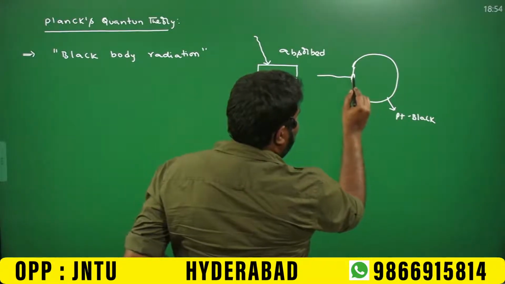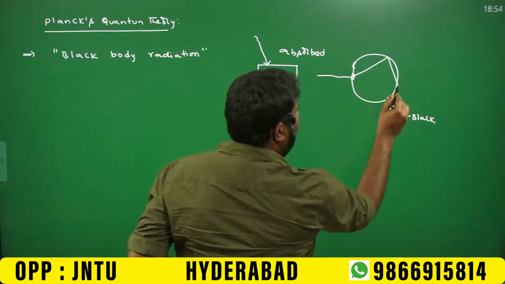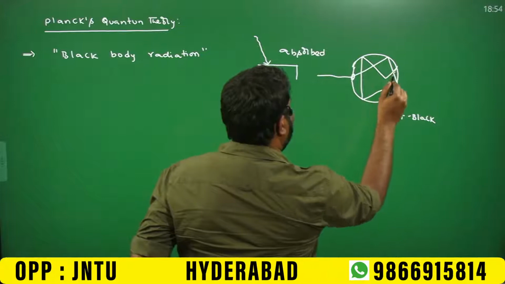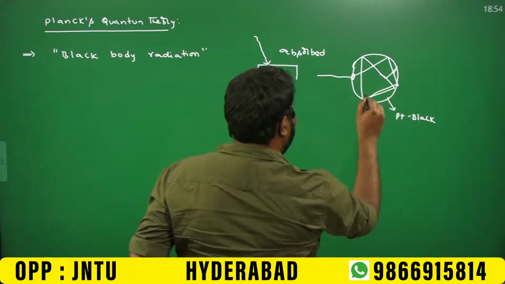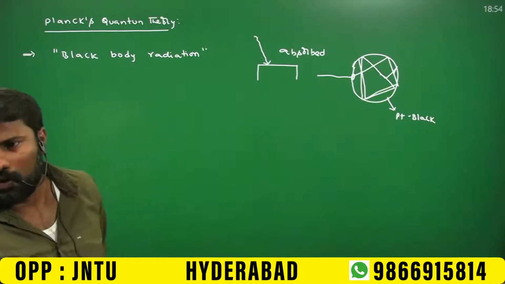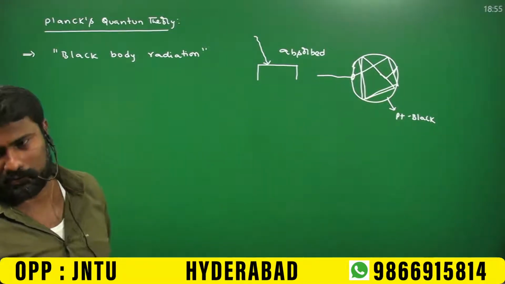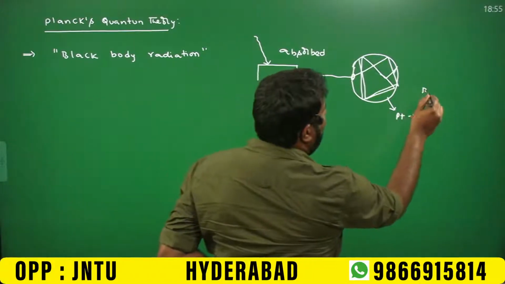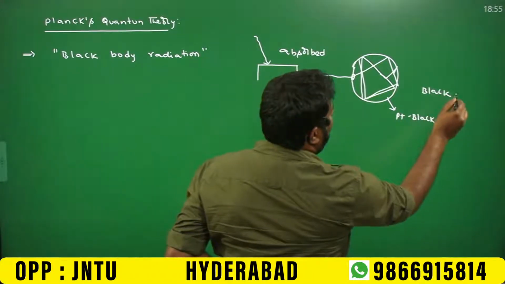The light strikes over here and it can be reflected like this. Whatever radiation we are passing, that entire radiation can be absorbed by the hollow platinum black coated sphere. This kind of body is called a black body.